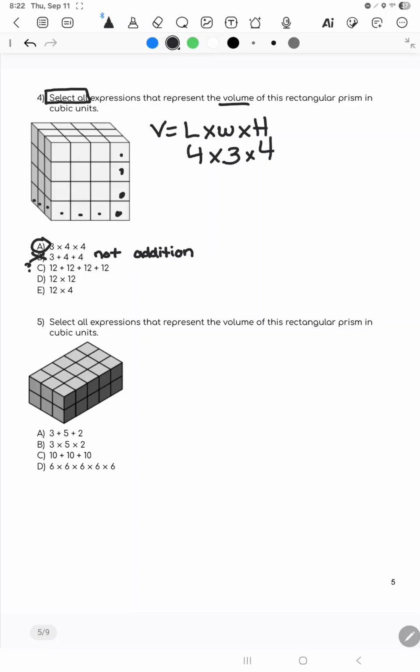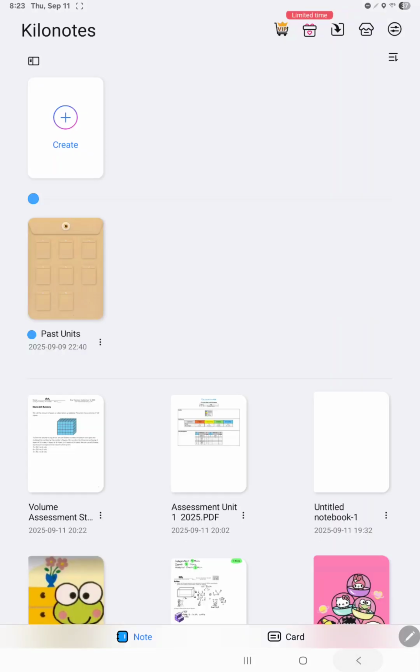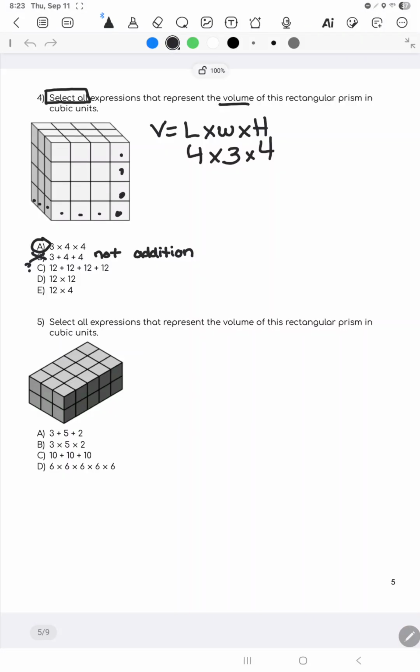12 times 12. That seems like it's going to be really big. Where would they have gotten that from? If we're doing 12 times 12, they must be talking about base area times height because it's two numbers. 12 could be the base area if I look at the face on the side here, 3 by 4.